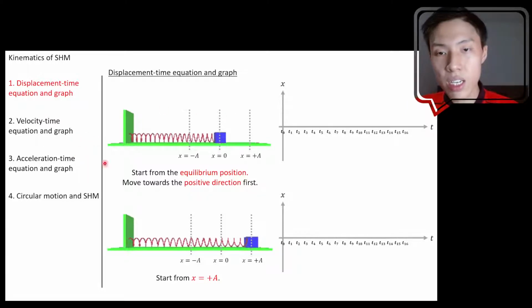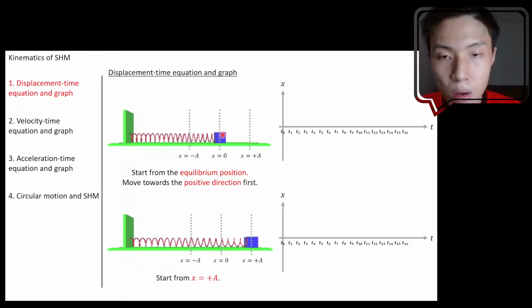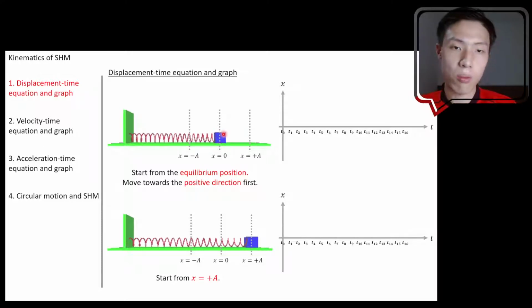Okay, so here I have a spring mass system. Of course, this spring mass system will be oscillating between x equals negative A and x equals positive A. I want all of you to carefully observe how the object moves, and while you see how this object moves, also notice how I plot the displacement against time graph.